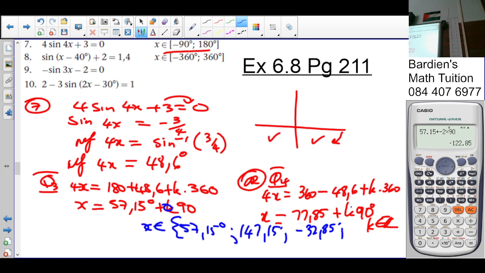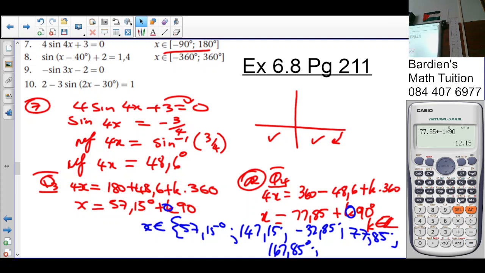If I put 0 through there, of course I will get 77,85. That is inside. So 77,85 plus 1 times 90 gives you 167,85. Is that inside or outside? Inside, yes. There's 167,85 degrees. Then put minus 1.